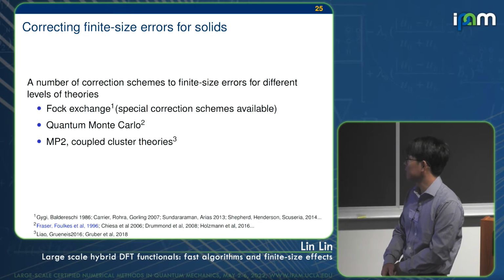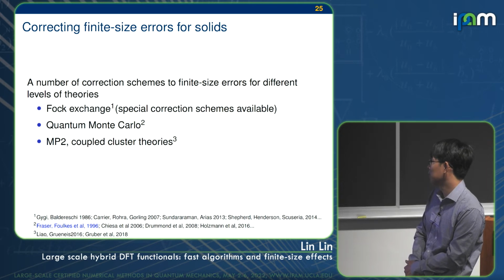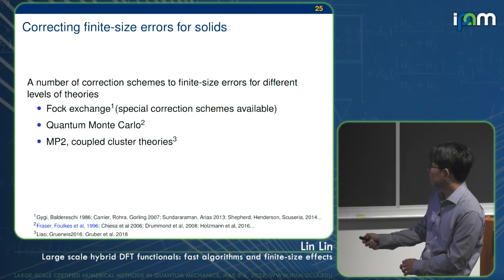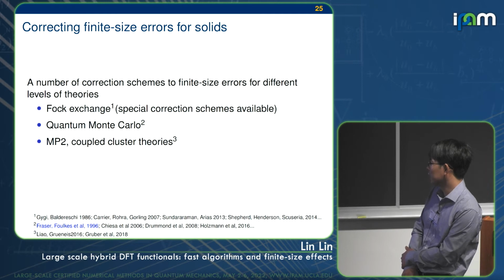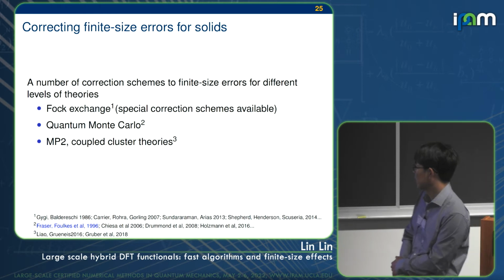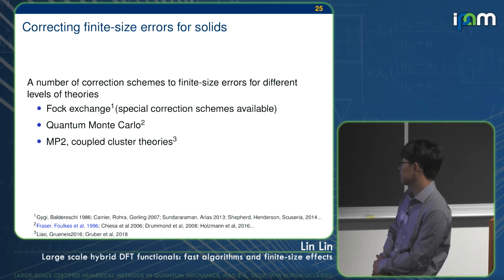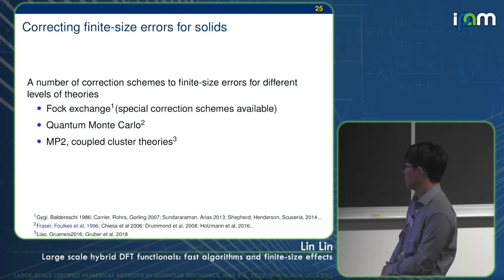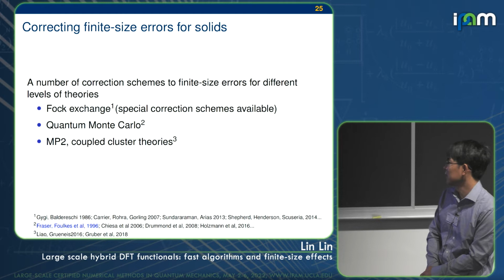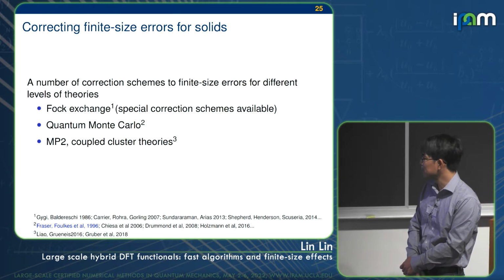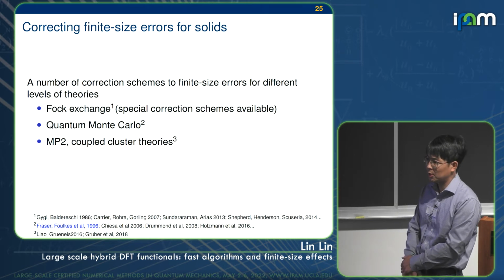Correcting finite size errors for solids in general: there have been many important works in this direction for the Fock exchange, and Gygi and Baldereschi did that in the 80s, and that's still one of the most widely used correction schemes for the Fock exchange, and there have been a lot of improvements since then. To our knowledge, and we're pretty new to this field, the finite size effect beyond the Hartree-Fock level has been most systematically studied in the quantum Monte Carlo community.